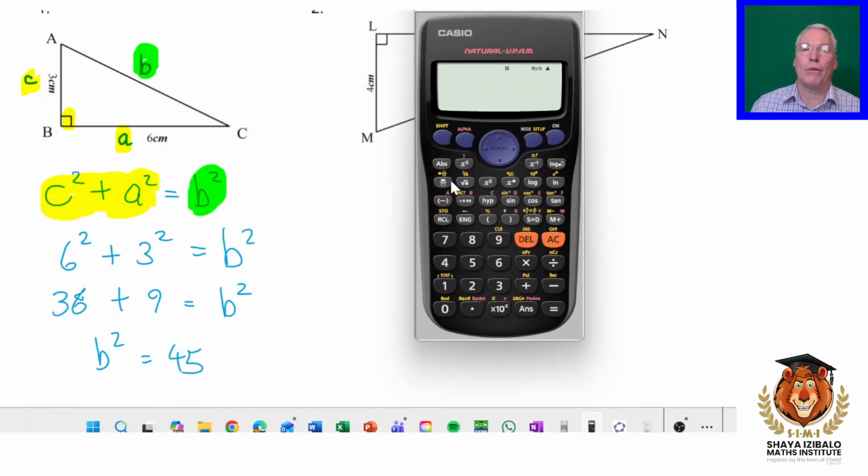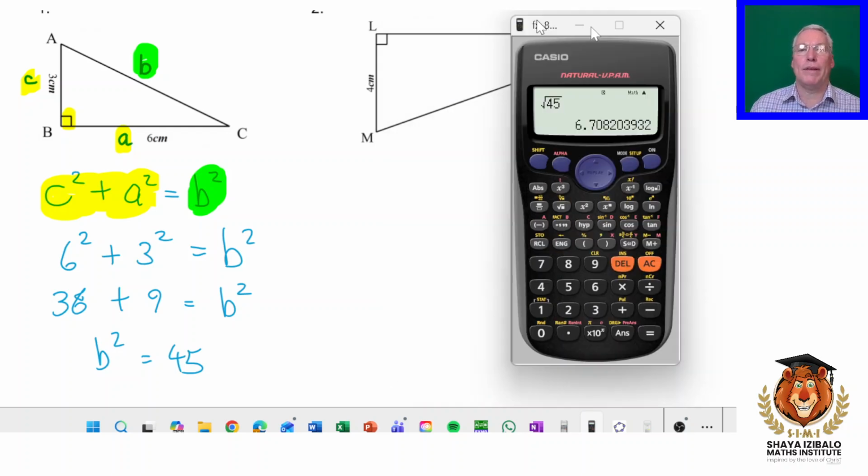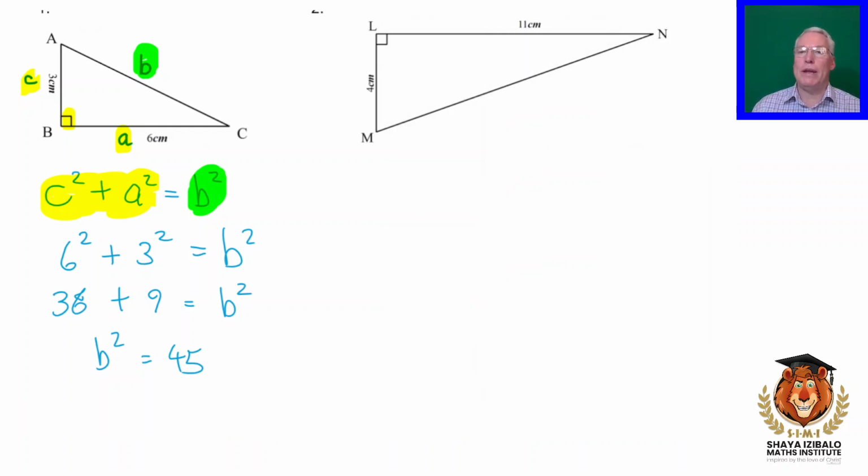So we're going to work out the square root of 45. Our calculator does that, but if we put it in decimal form, it's 6,7. So b will equal 6,7. Now, it is really important that we give the units, if there are units. This one says that these units are in centimeters, so b is 6,7 centimeters.